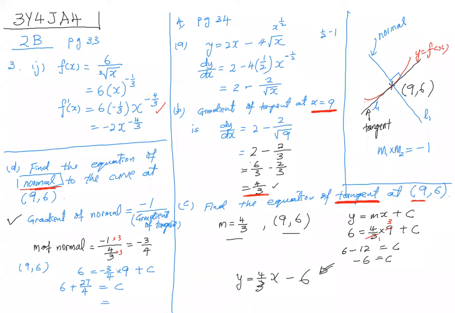Yes. So what is this answer? No calculator, please. 51 over 4. Thank you. So therefore, the equation of normal is y equal to negative 3 over 4 x plus 51 over 4. Clear?